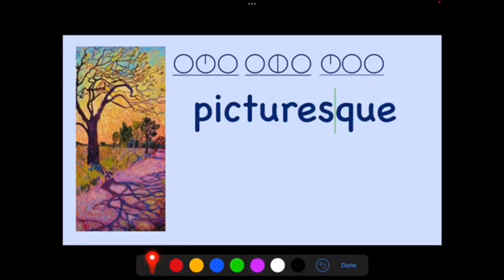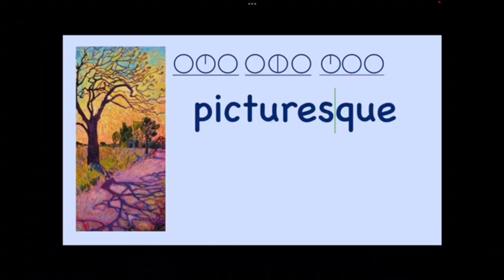And then qui, like in unique, that we did in a previous lesson. Same QUE ending. Pictures. Qui. That could be our spelling language.